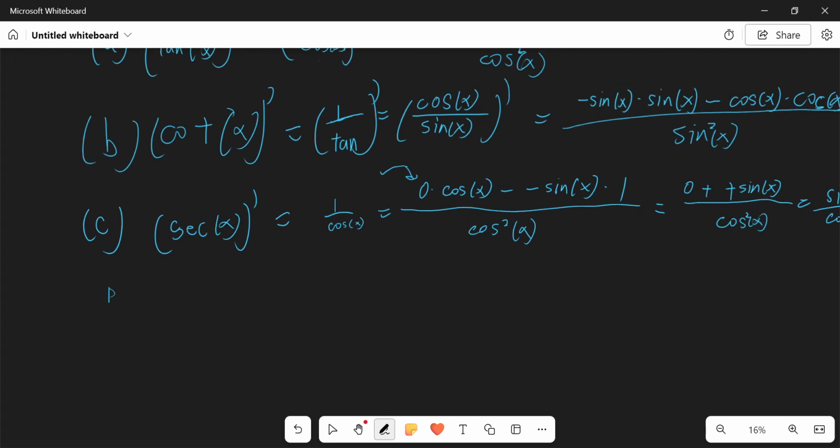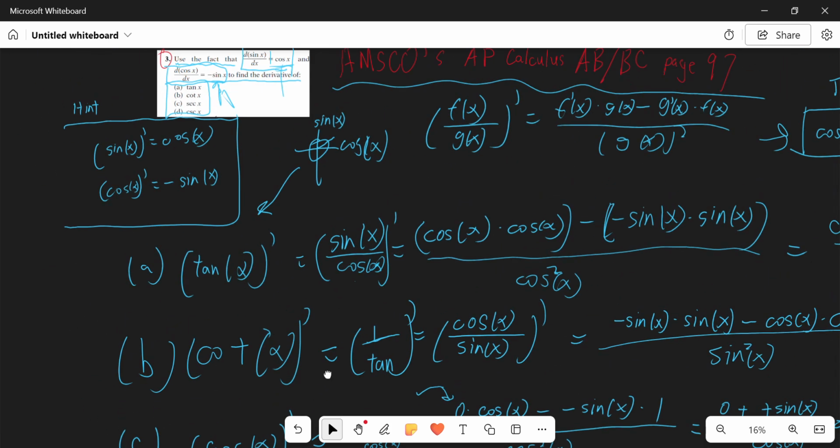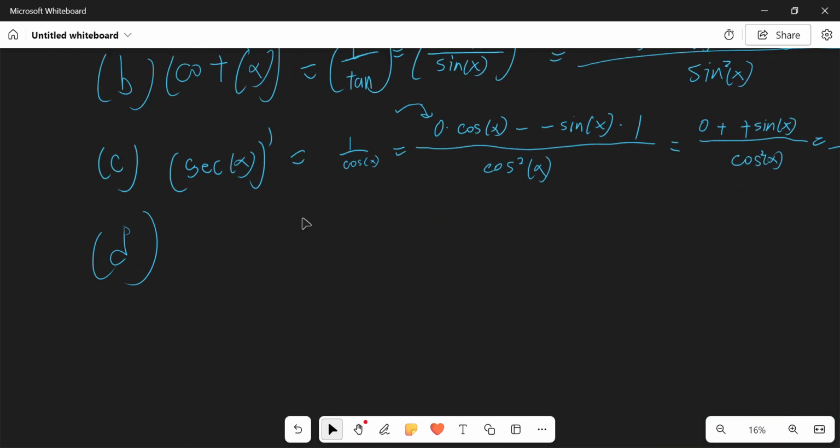Moving on to D, the last problem, the cosec derivative.